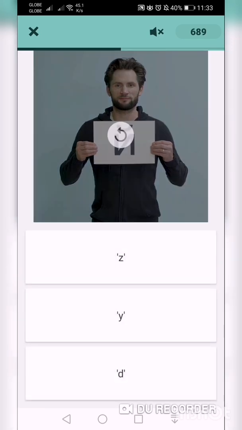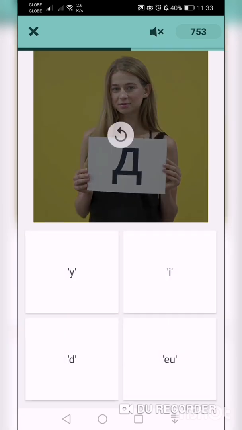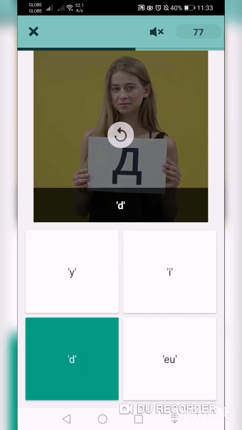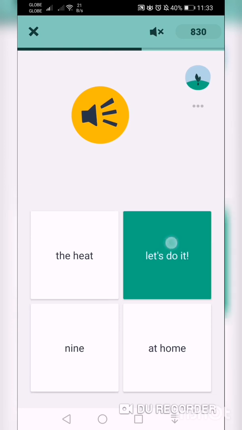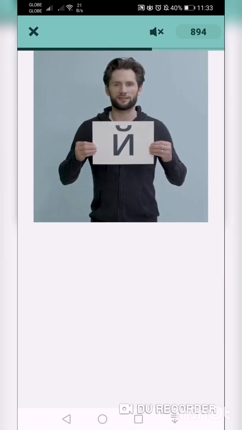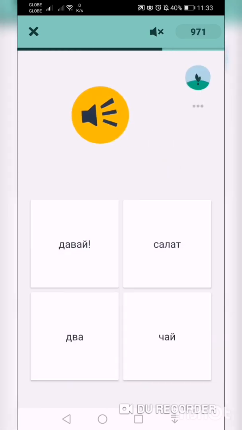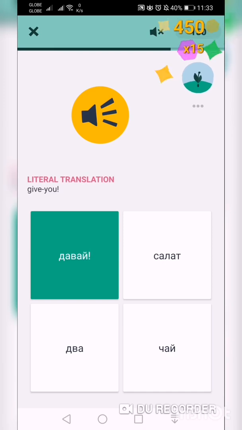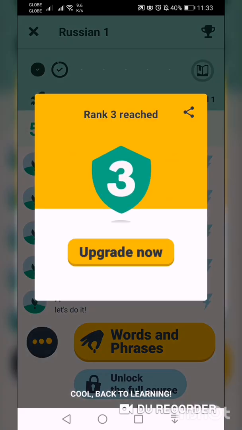The Y sound. Д. That's D. Давай. Davai. Й. Y. Давай. Davai. So far, so good.